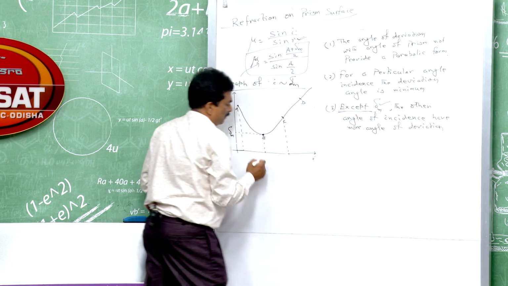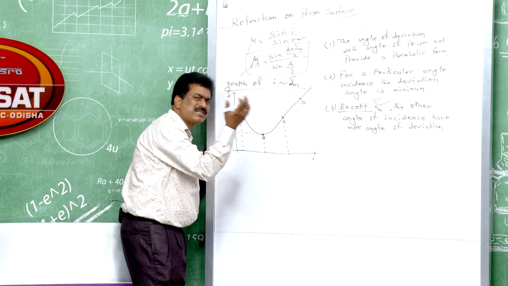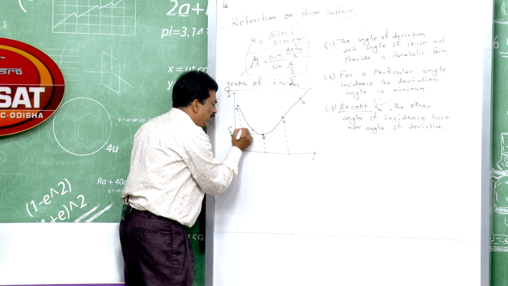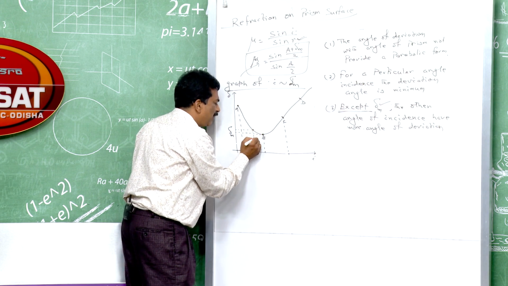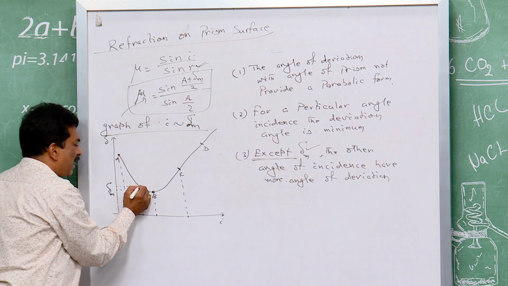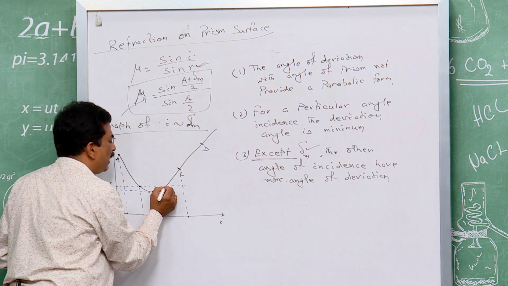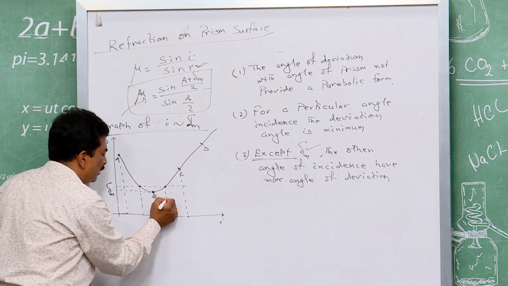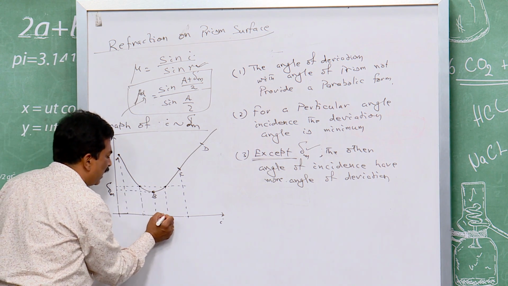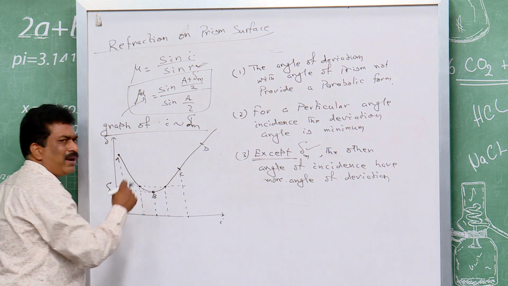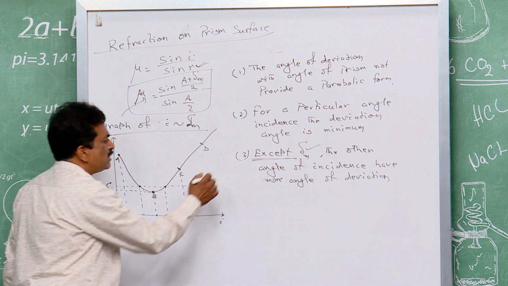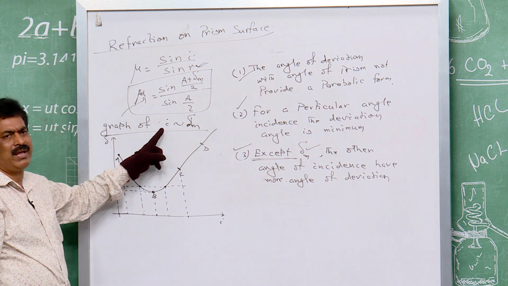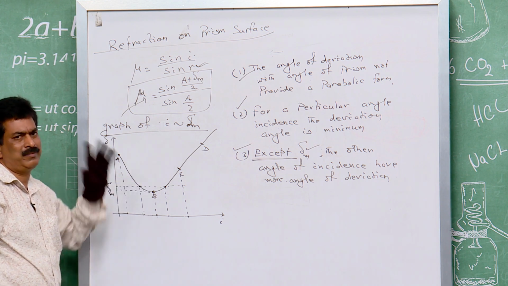Except the minimum deviation, this is the minimum deviation. Suppose I take this value. For this value, this will be the deviation angle, and if you go on this straight way, this is also another deviation angle. So, here if you draw a normal, in between them you will have different angles of deviation. So, these are the three important points you came to know if you draw a graph of I with dm.